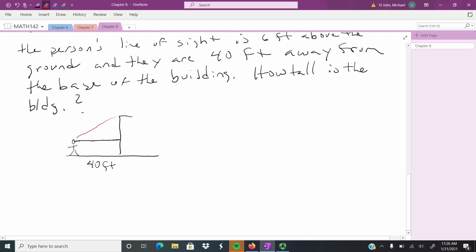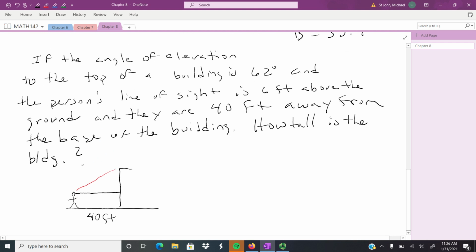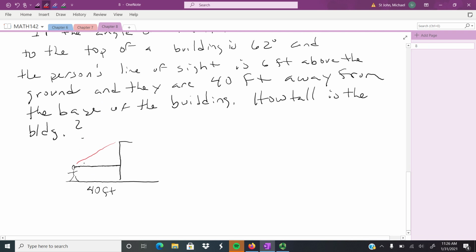And it says the angle of elevation. So angle of elevation is looking up, right? And this is 62 degrees. And we want to know the height. So we're going to get this number right here, okay?